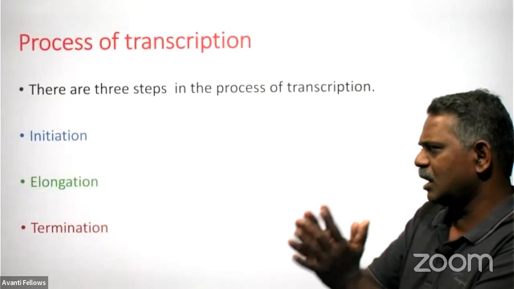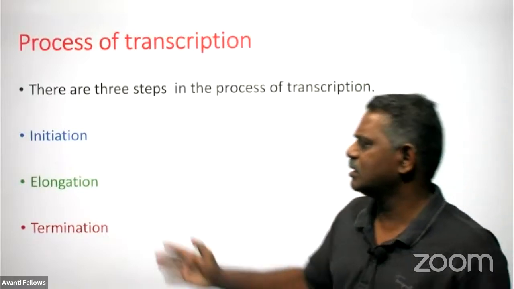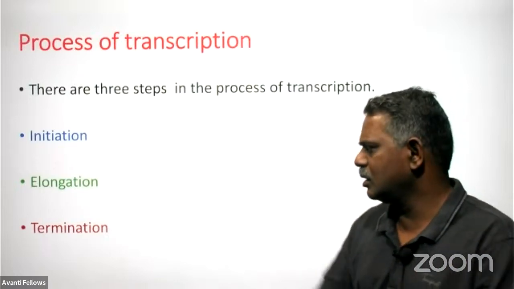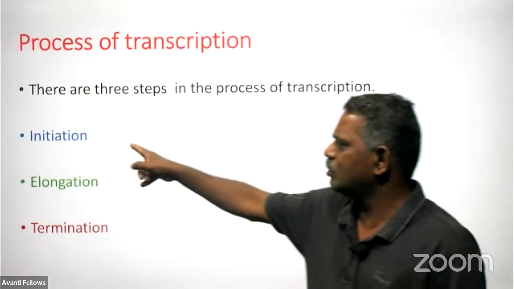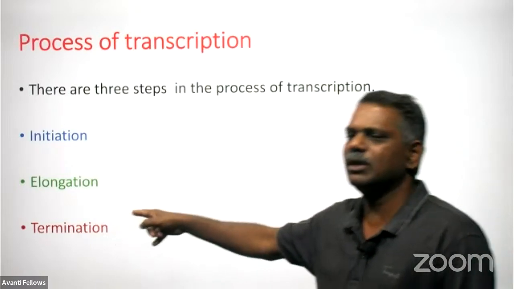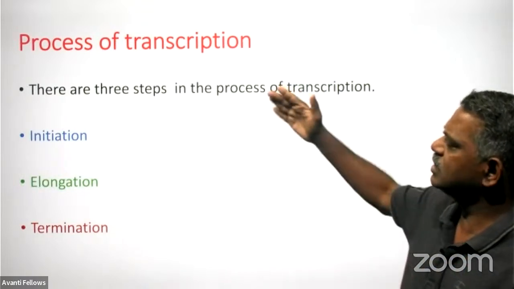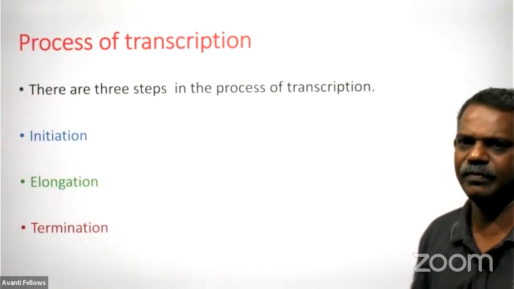Whenever this elongated RNA comes to the terminator region, because of the Rho factor, the process of elongation will be stopped. And that we call termination. Initiation in the promoter region, elongation in the structural gene, and termination in the terminator region. And these are the three processes involved in transcription.